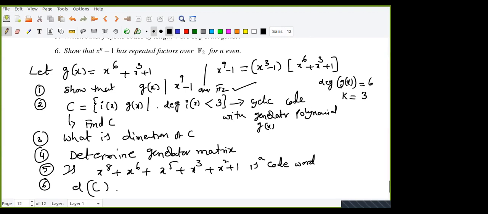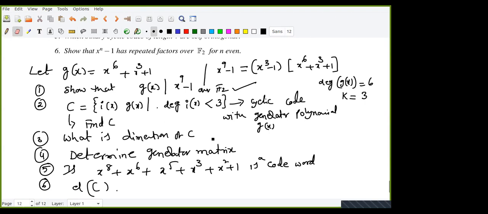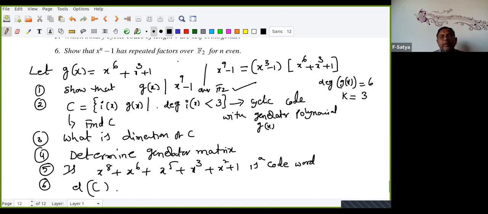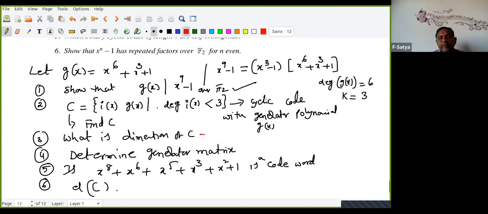K equal to 3. So can you tell me the dimension of the code now? 2 raised to 3, 8. No, sorry, the dimension is k, which is 3. So the dimension of the code is k, that is equal to 3, right? Okay.